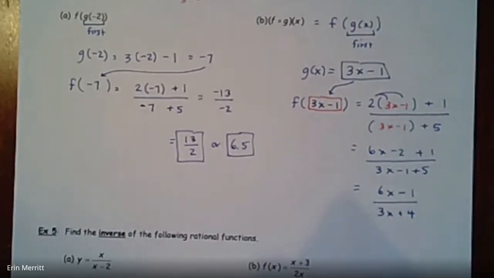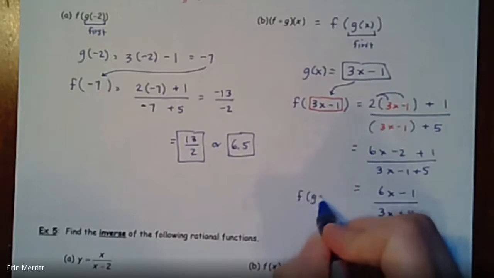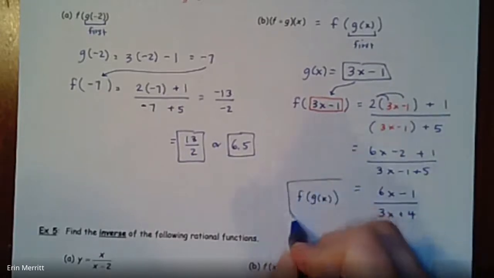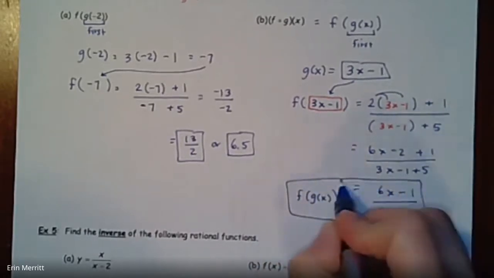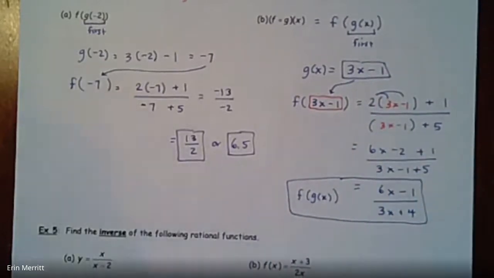If I can simplify it, great. If not, no worries. And if you're saying, how do I know if I can simplify? That's what the next couple days of this unit are going to be about. So for right now, this can't be simplified any further. This is actually just what f of g of x is equal to. So we created a new function that did what the old two did in 2 steps. This one would now just do it in 1.